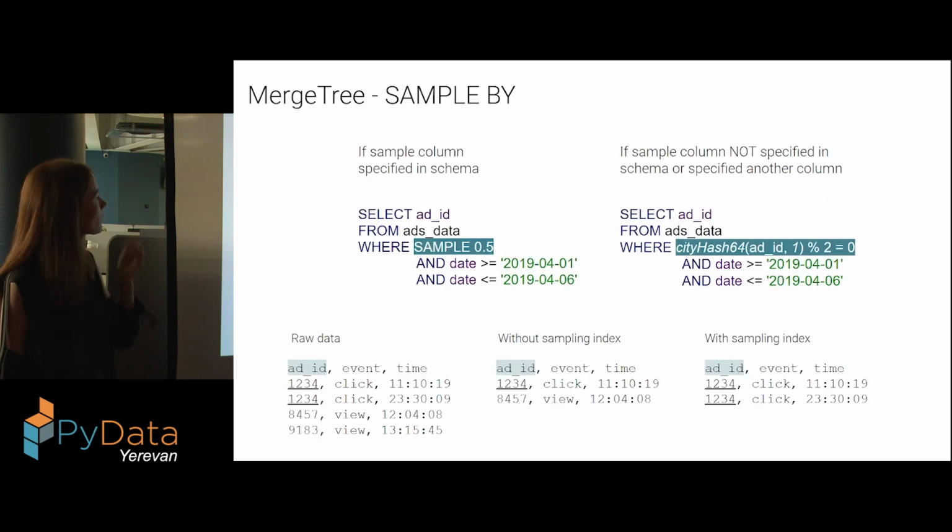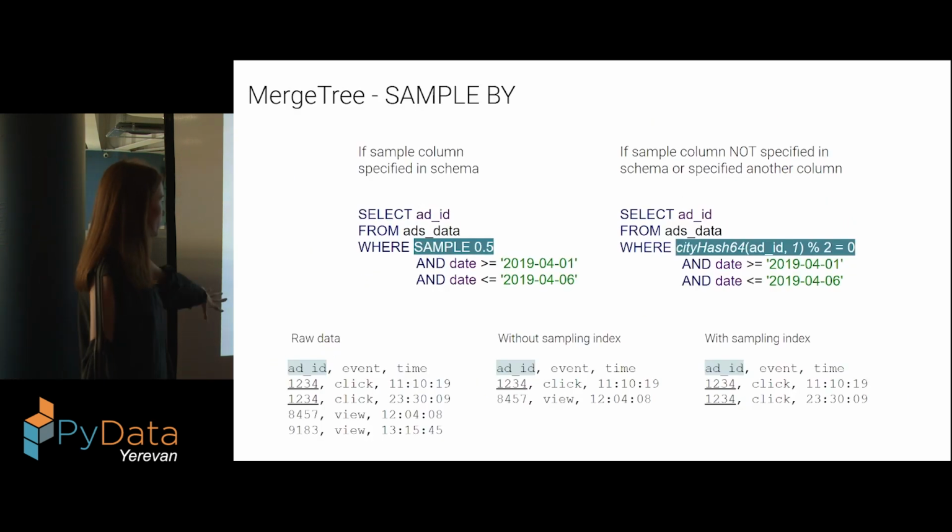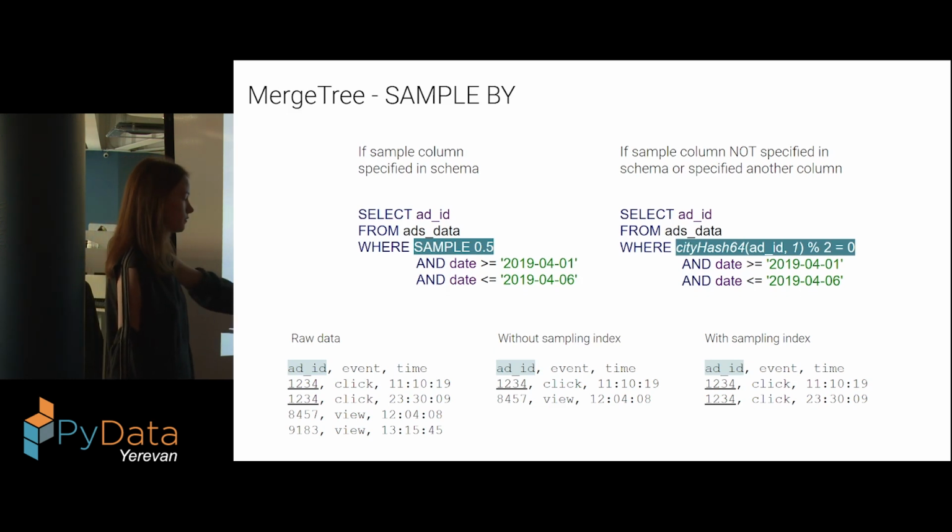So you see, when you have raw data with ad ID, event like click or view, and time, you can have in this data more than one ad ID showing up. For example, your ad ID can have 2 clicks at different times.